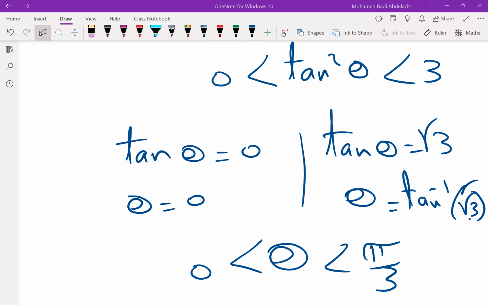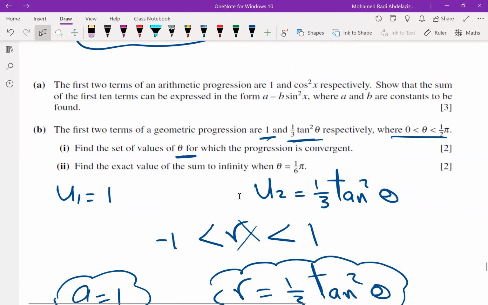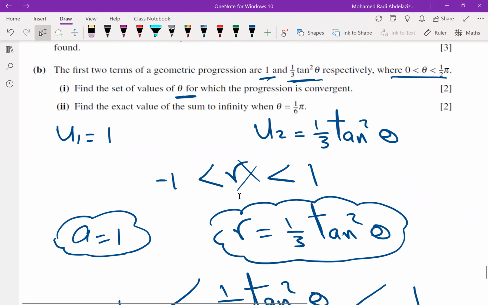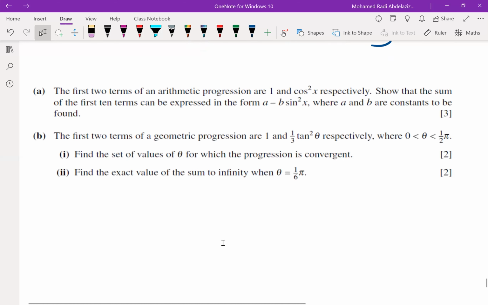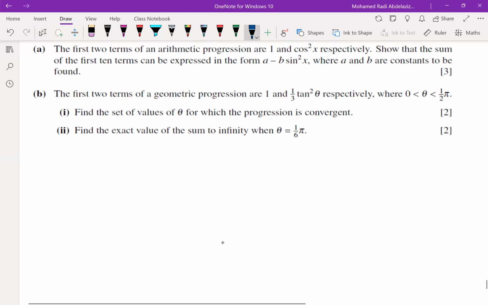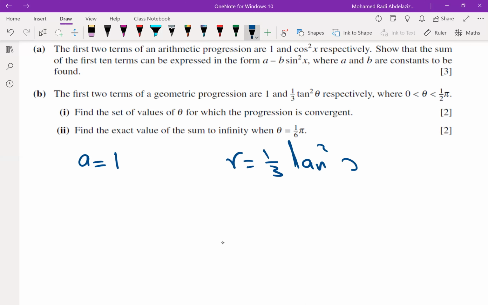In part 2, find the exact value of the sum to infinity when theta is equal to 1 over 6 pi. We already have again a is 1 and r is a third tan squared theta, with theta equal to 1 over 6 pi.